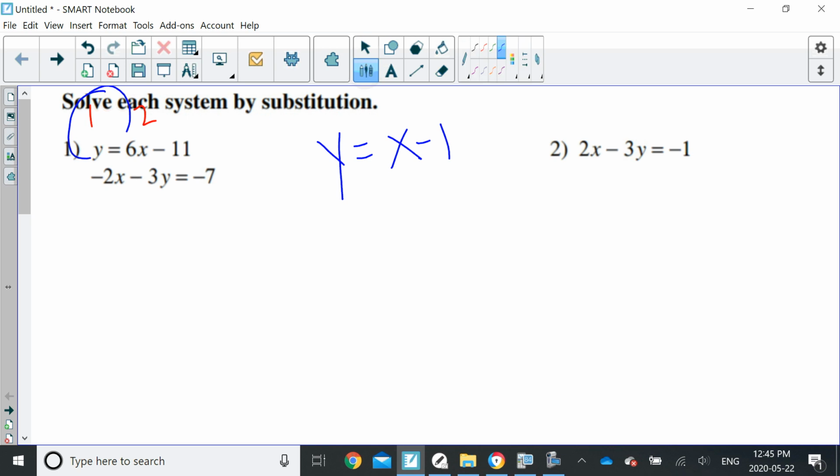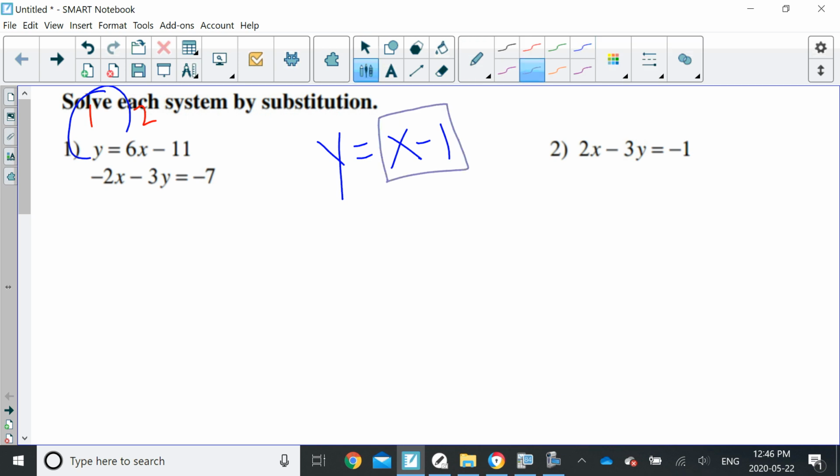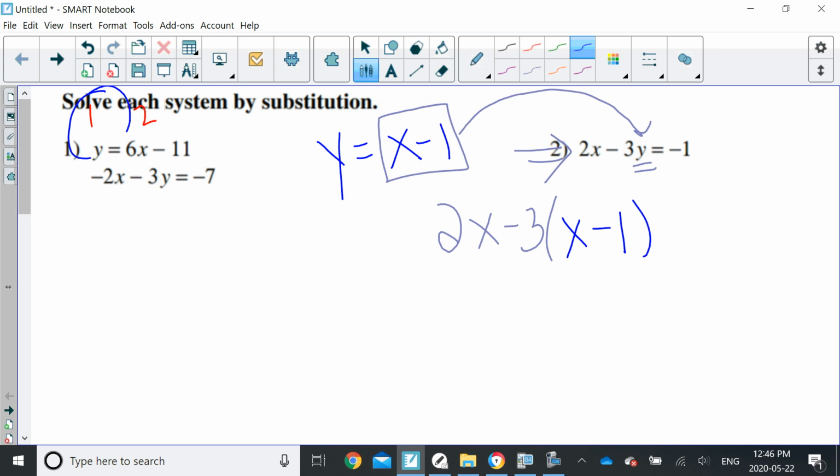Okay, so they told me that y is equal to this. So I'm going to go to this system and look at that. There's y. Y goes out, and x minus 1 is going to go in. So we're dealing with this system now. 2x minus 3 times x minus 1 is equal to negative 1.